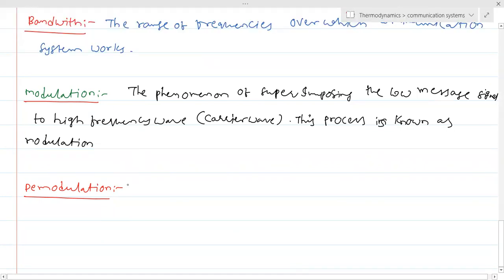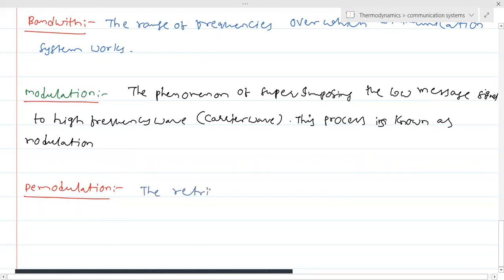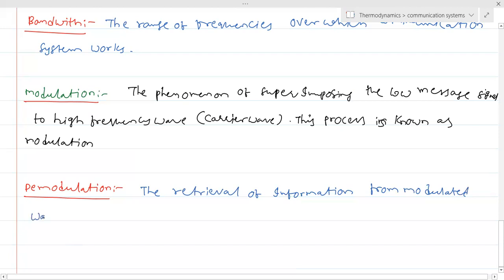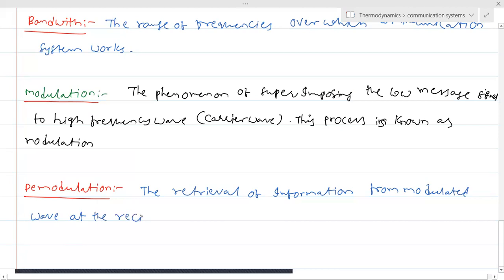That is the phenomenon, the retrieval of information from the modulated wave at the receiver.